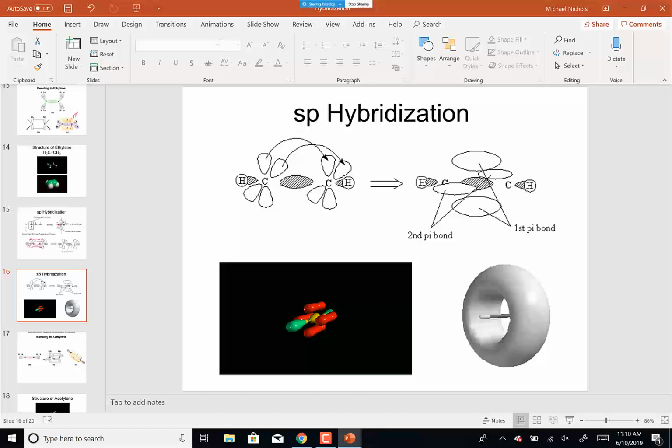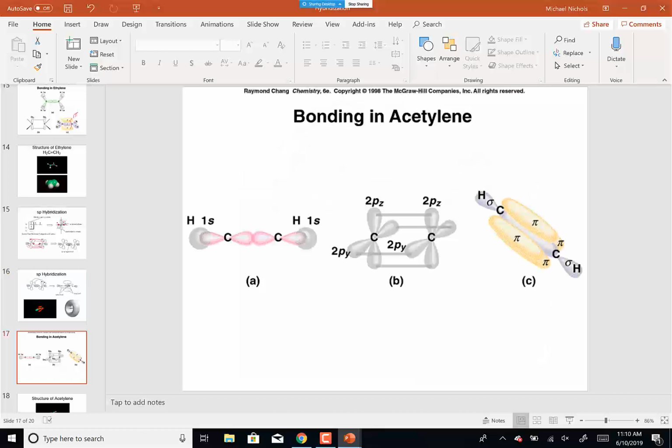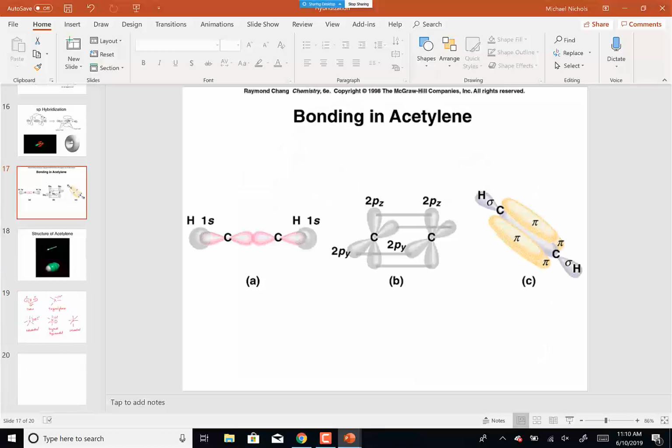So the triple bonds are going to go fast. That'll be like the day before the final. So double and triple bonds are very similar in the way they react. But this is the way the hybridization fits the geometry. And so here's another viewpoint of that.